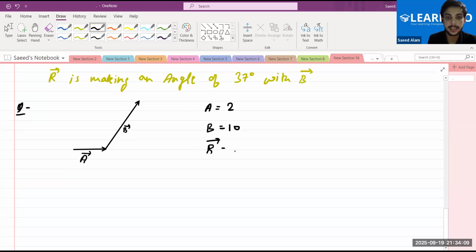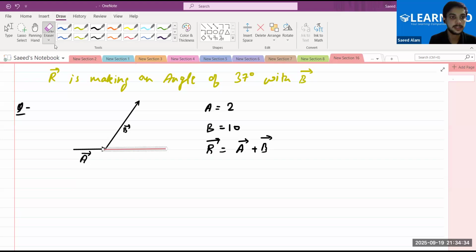What is the resultant? Resultant is again A plus B. And one more piece of information that I'm providing is that suppose this is the dashed line. Let me choose some thinner pen.